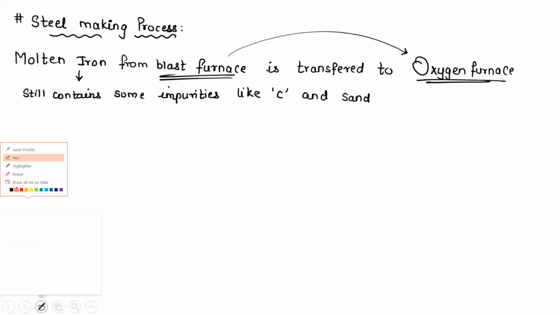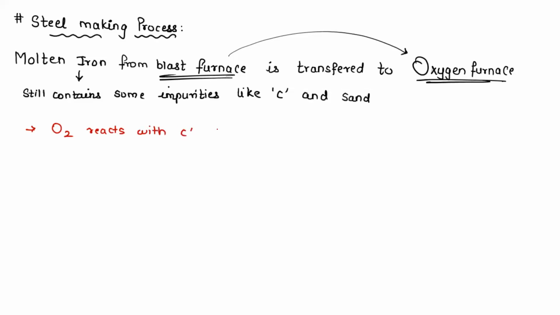So if it is being transferred to the oxygen furnace, what is step 1 done over here? O2 will react with carbon and it forms carbon monoxide and carbon dioxide. Okay, in fact, not or, it's and. Both of them are being produced.